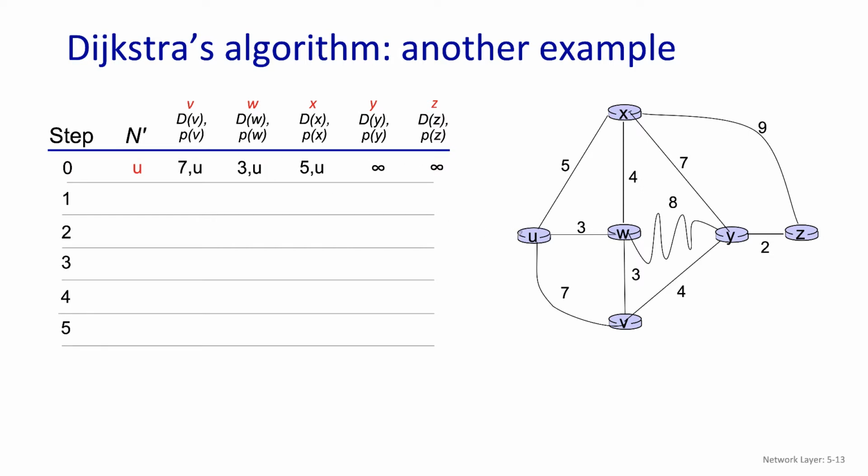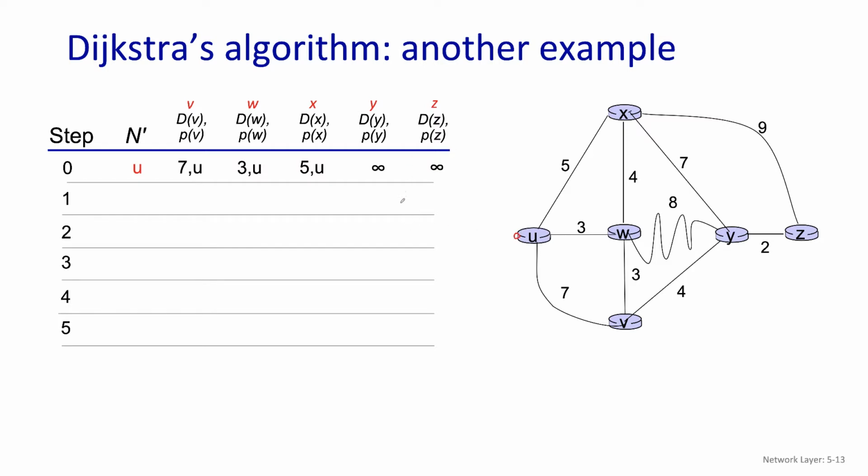So the cost from U to X is 5, from U to W is 3, and from U to V is 7. Now you're done with the first step here, right?